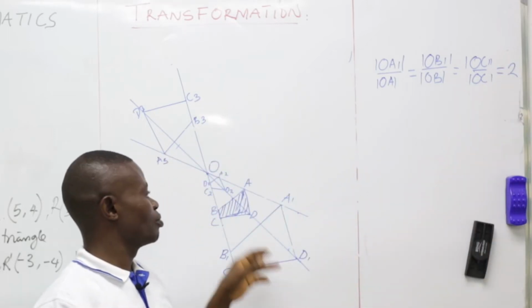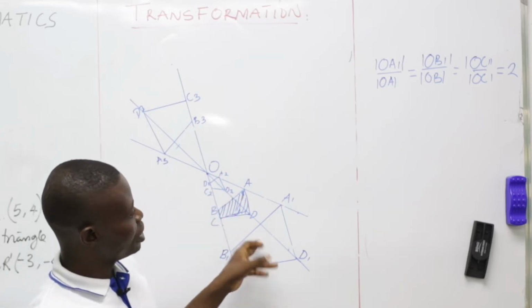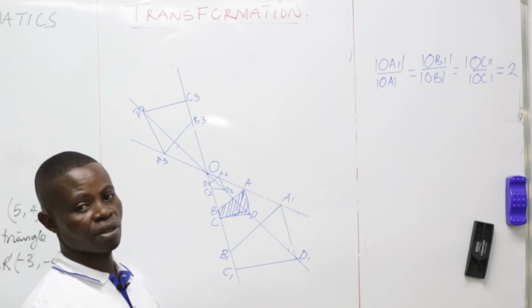Meaning the image is times 2 of the object.